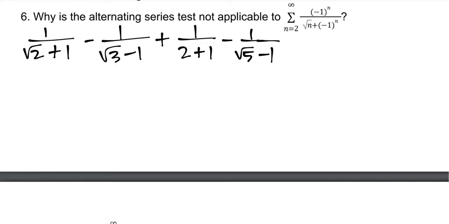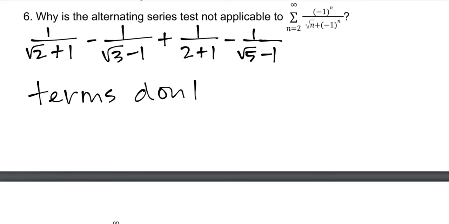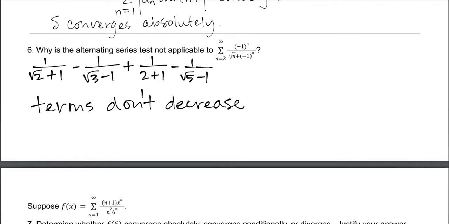Root 5 minus 1 is just a little bit bigger than 1, so 1 over a number that's a little bit bigger than 1. These terms are not decreasing in magnitude because they are alternating. I could have probably realized that by process of elimination, but I kind of needed to convince myself. They don't decrease in magnitude.